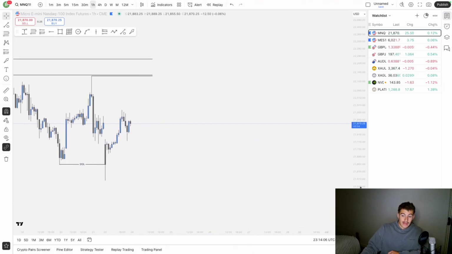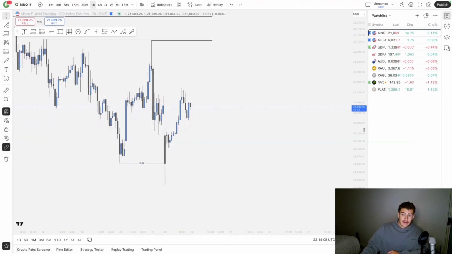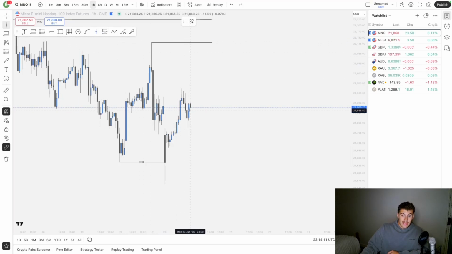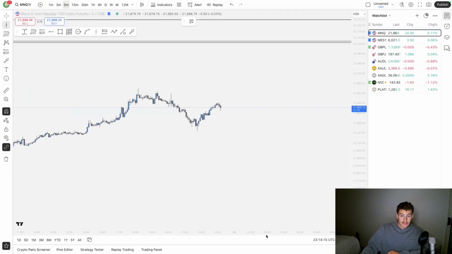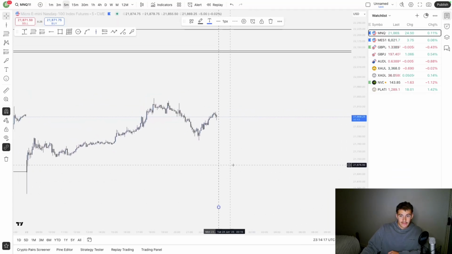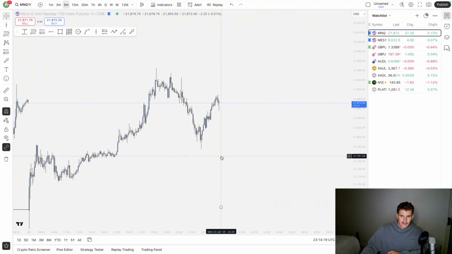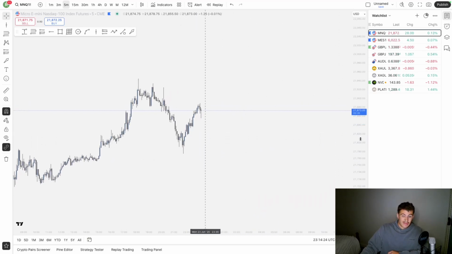I want to see how news comes out, and I want to see news come out as some sort of lower time frame manipulation, whether that's a 15-minute imbalance, 15-minute SMT, something of the sort, and then I can look to target longs up to those relative equal highs on ES. So we'll see what happens. I'll leave this and then I'll check back in when the market actually opens.